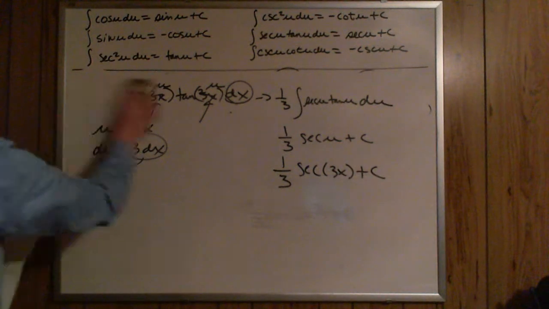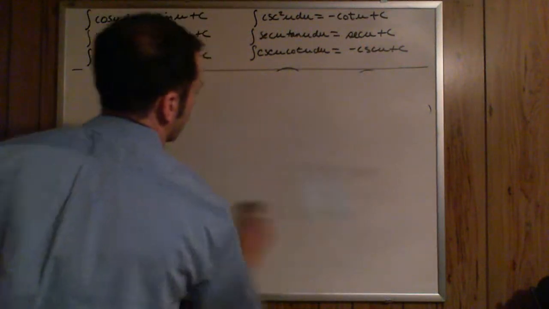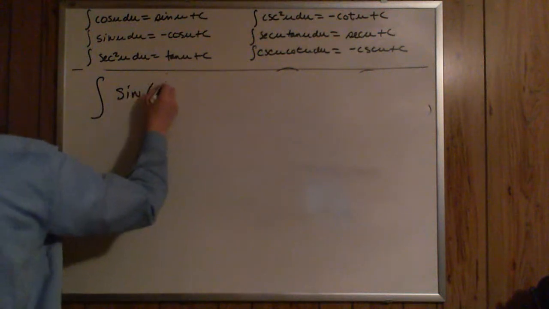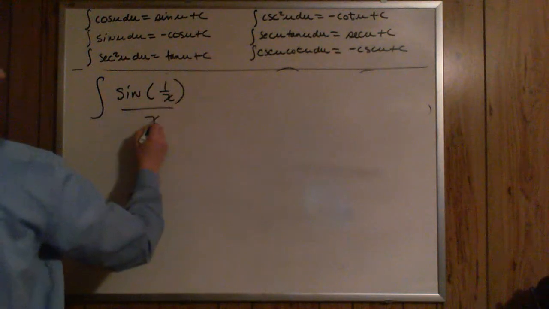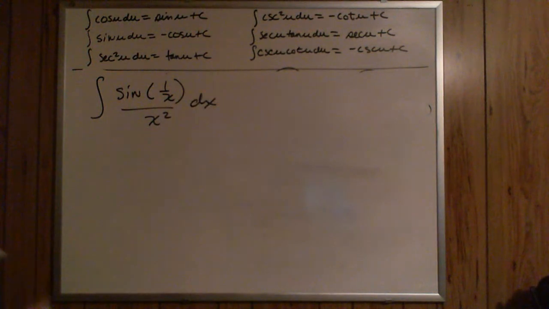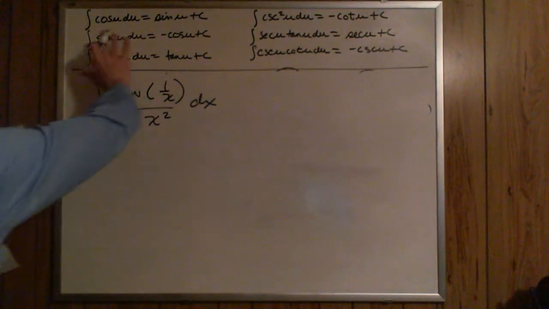Okay. Next, just a little more on the variety of these that can happen. Suppose we have the indefinite integral of sine of 1 over x all over x squared dx. So it's not one of these 6 forms exactly, so we have to mold it into one of these 6.